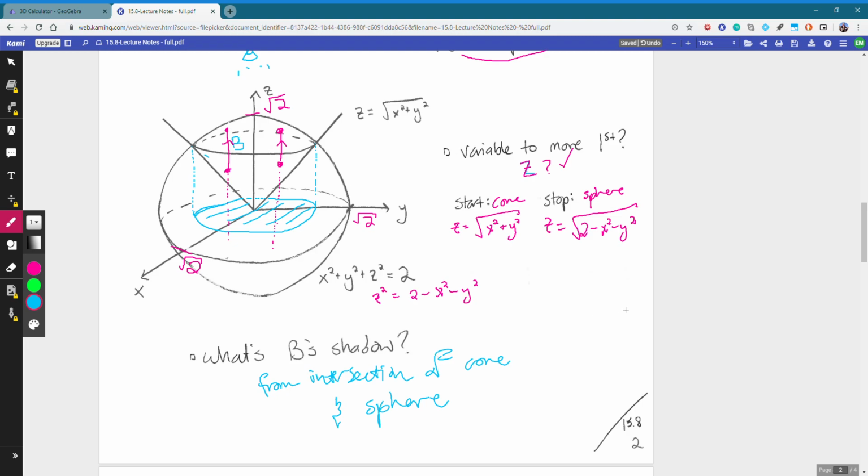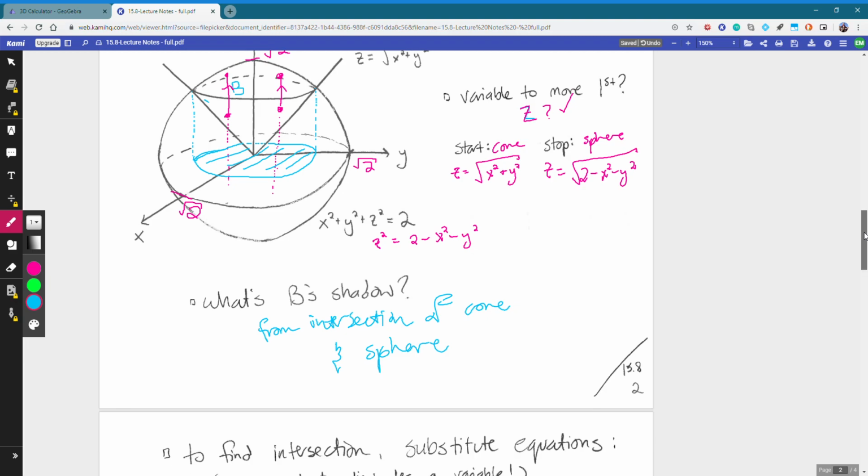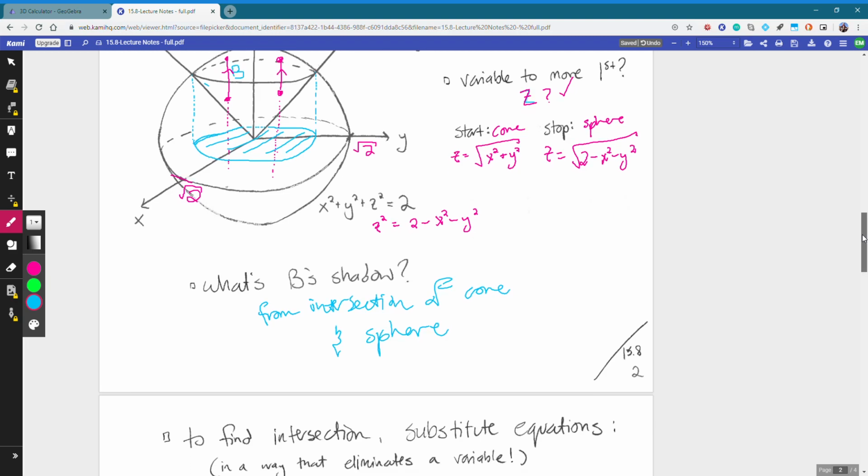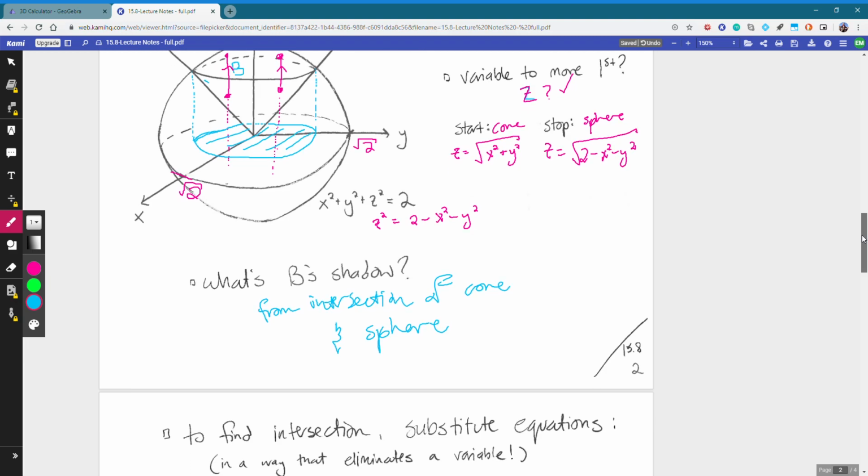And so, well, how do we find the intersection of these surfaces? Well, we need to substitute their equations into one another, right?